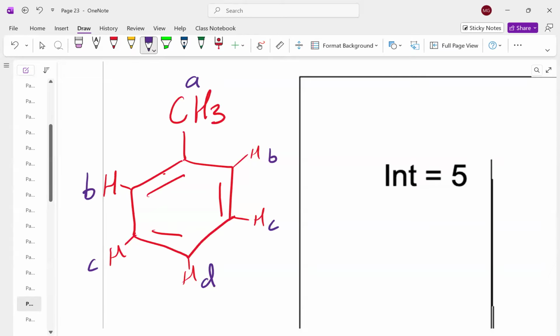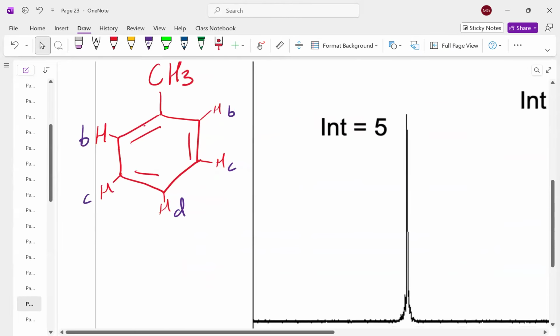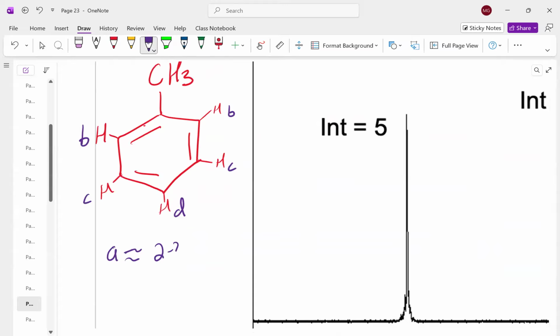Let's do some predicting about where we would see them. Okay, well, A hydrogen is benzylic, so we might see it somewhere between 2 and 3. And then hydrogens B through D are aromatic. So we would probably see those somewhere, let's just average it out and say somewhere around 7. Maybe a little more, maybe a little less, just depends on the compound.